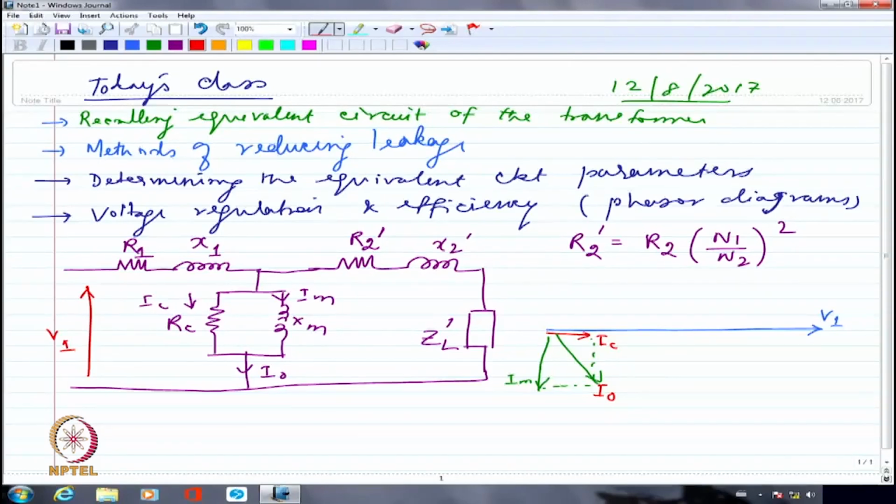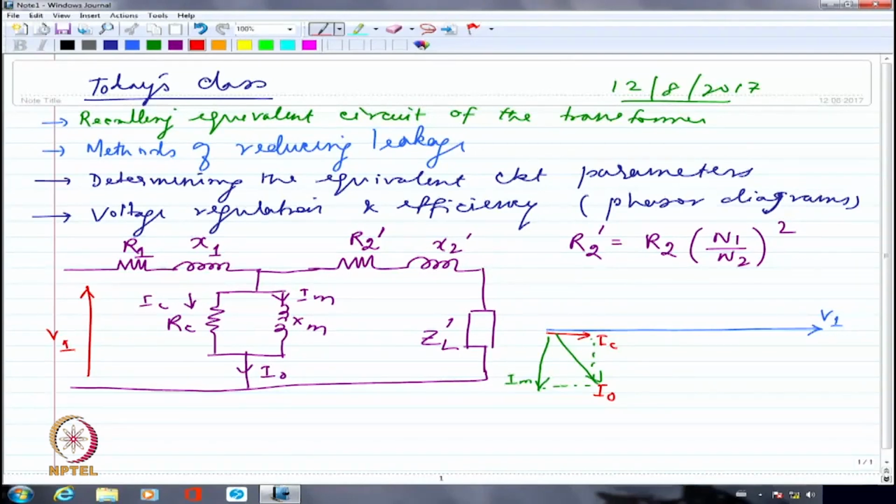And these resistances and reactances, the leakage reactance in a transformer will be really small, because I don't have any air gap. In a rotating machine, I have air gap, so obviously there will be a huge amount of flux leaking into the air gap space. Whereas here the air gap is very minimal, so the leakage will be very small.